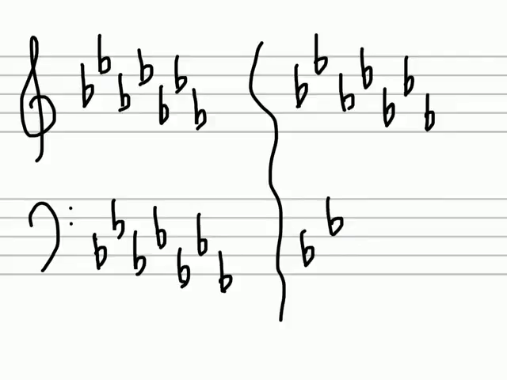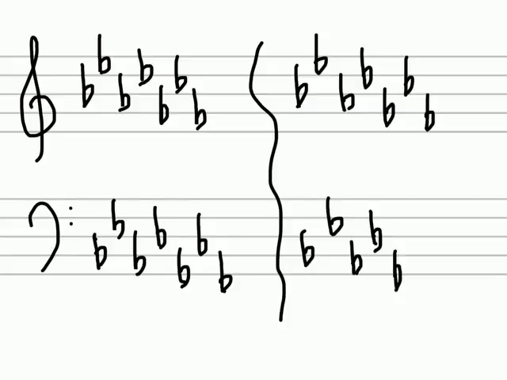Add another flat. Go up a third from E flat, and that would be a G, G minor. And likewise, go up a third from A flat, and that's C minor. Go up a third from D flat, and that's F minor.